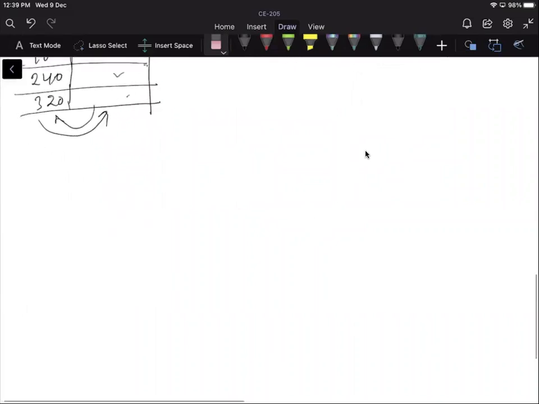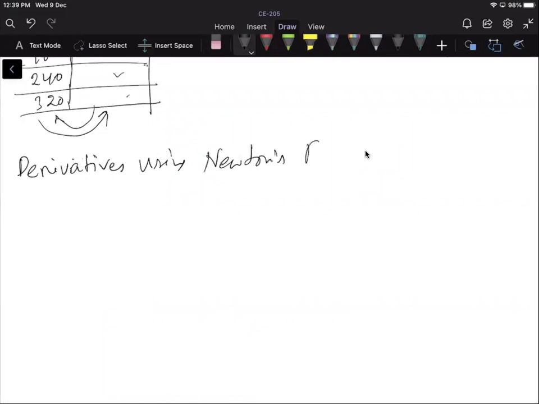Okay. So Newton's backward derivatives using the backward difference formula.